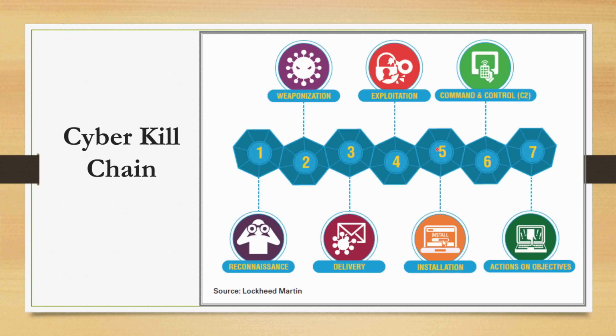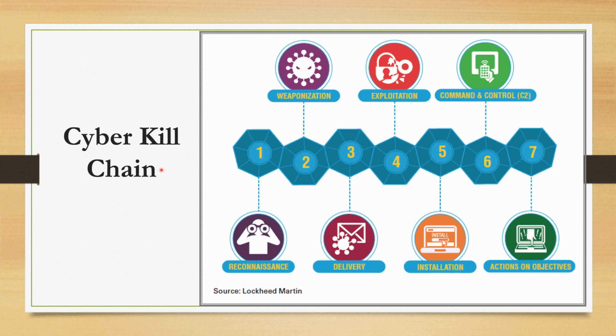Okay, so I'm gonna talk about the cyber kill chain. So what is the cyber kill chain? Well, it's a model that describes the stages of a cyber attack from the perspective of the attacker. The model was developed by Lockheed Martin back in 2011 and has become a widely used framework for understanding and preventing cyber attacks.